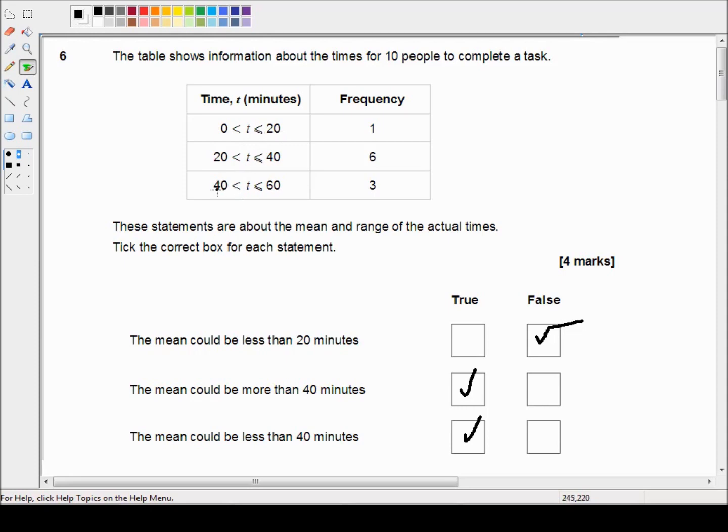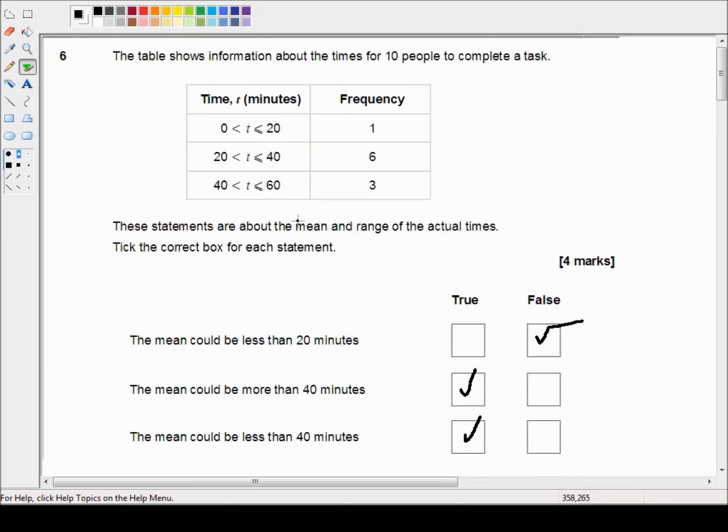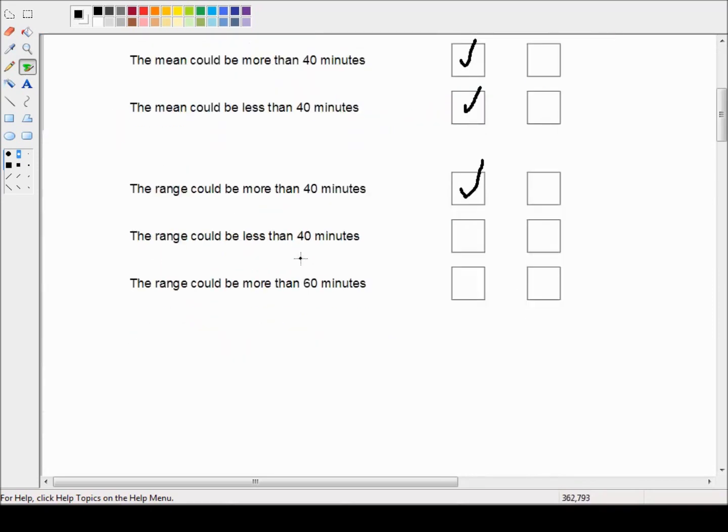Of course this 40 would probably be 40.1, but we're still looking at just a little bit over 20 minutes for the minimum range. So yes, the range could be less than 40 minutes.